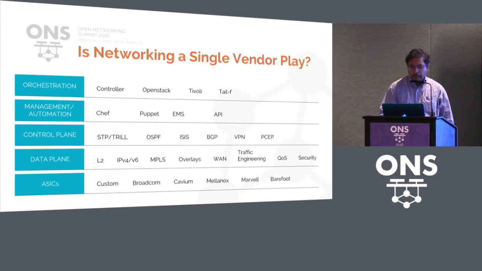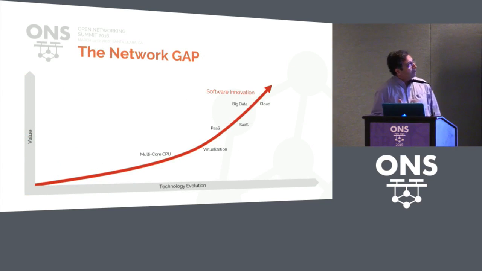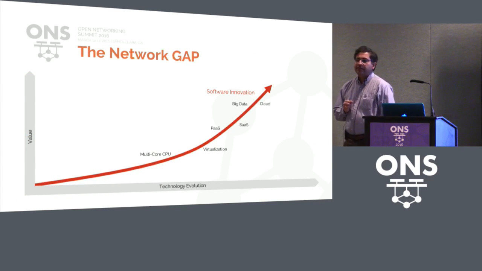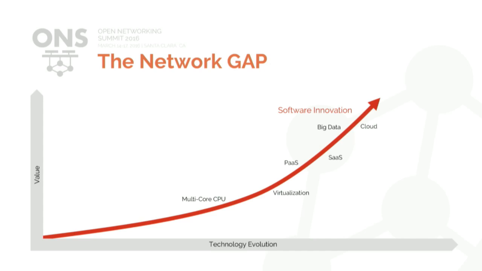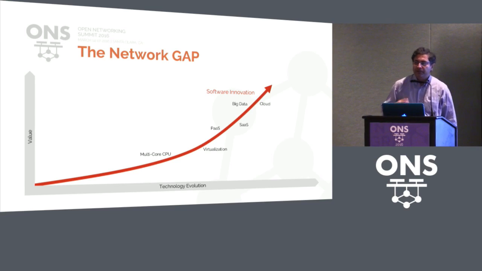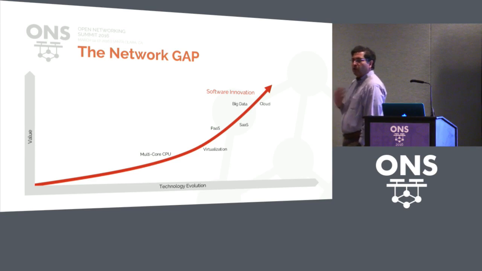So what that really means is that we have something called the network gap. The gap is what I would like to coin as the difference between a typical software innovation cycle and the network innovation cycle. Because of the openness, and the number of contributors and collaborators that exist in the software industry, innovation took off.